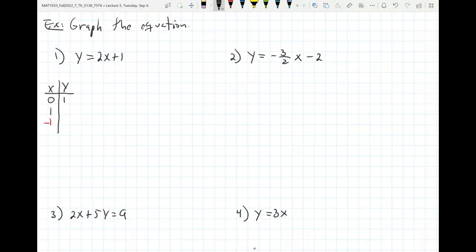When x is 1, 3. When x is -1, what do we get? -1. So, be careful when you plug in, right? If you put -1 there, you're going to have -2 plus 1. That's -1. Okay.